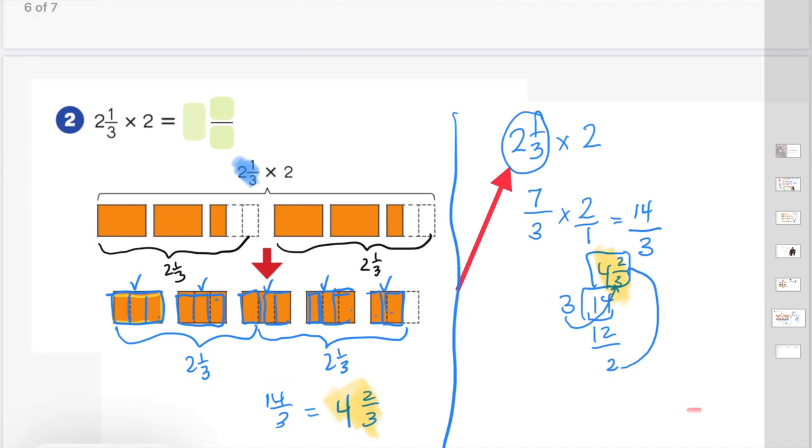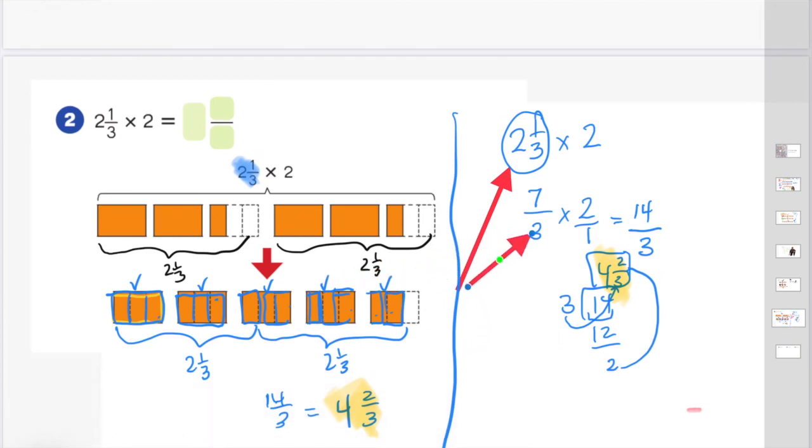So let's just review. In this lesson, we talked about multiplying mixed numbers times whole numbers. And the process for solving this is to first turn the mixed number into an improper fraction.